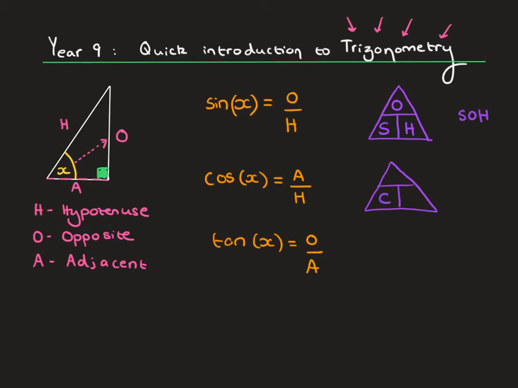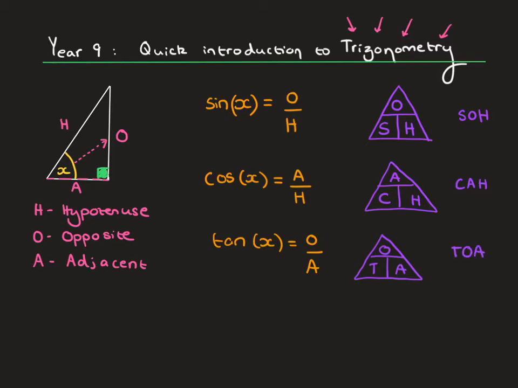The cos of the angle is equal to A divided by H, so that is the Ca triangle. And then this leaves us with one final formula triangle for tan, which is the opposite divided by the adjacent, and that is the TOA triangle, T-O-A.